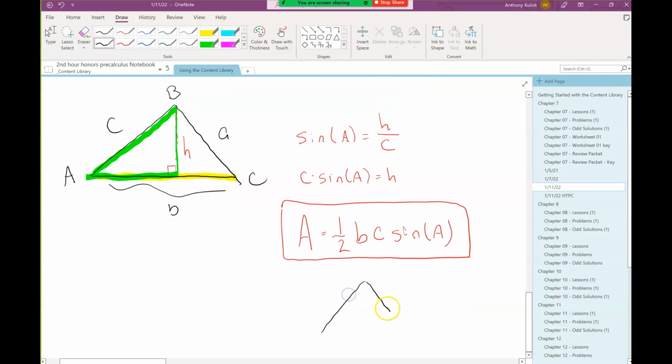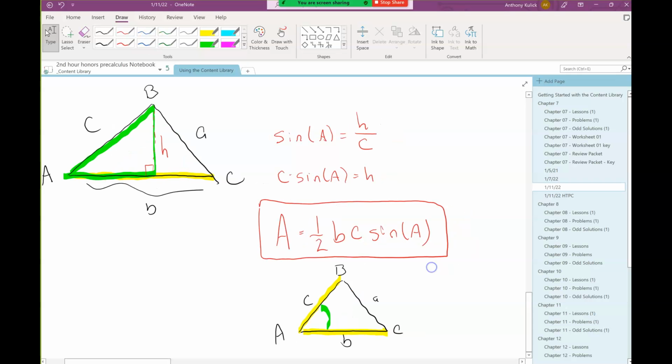Just to note, the minimum information I need to be able to use this formula, B, C, and A, is that side angle side situation, right? If I have a side angle side situation, I immediately have enough to use this formula, correct?